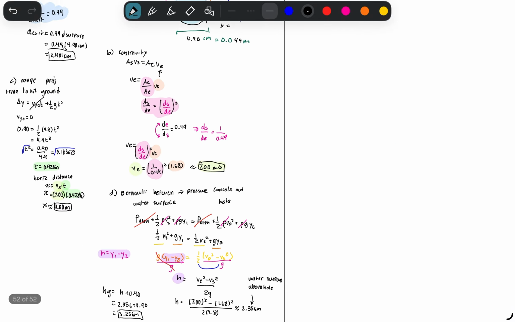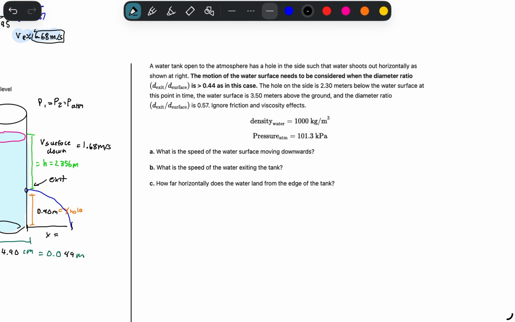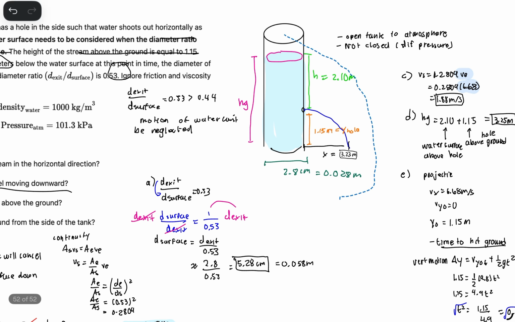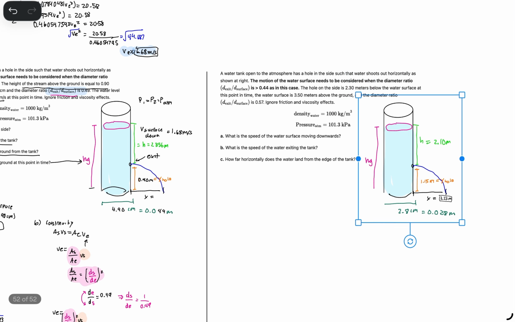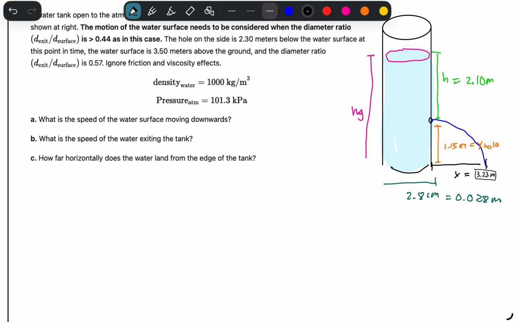Now we just have one more problem. So it's going to be the similar tank problem again. So let's bring that down here. The motion is considered when the diameter ratio is greater than 0.40.